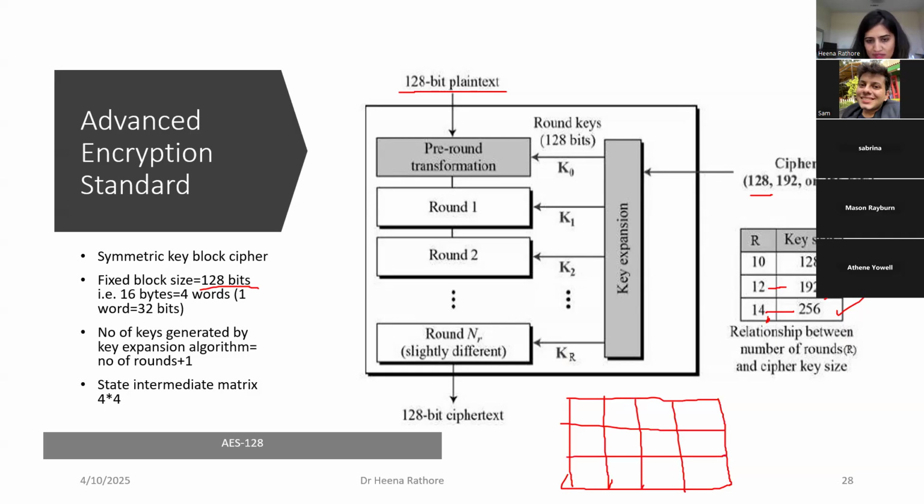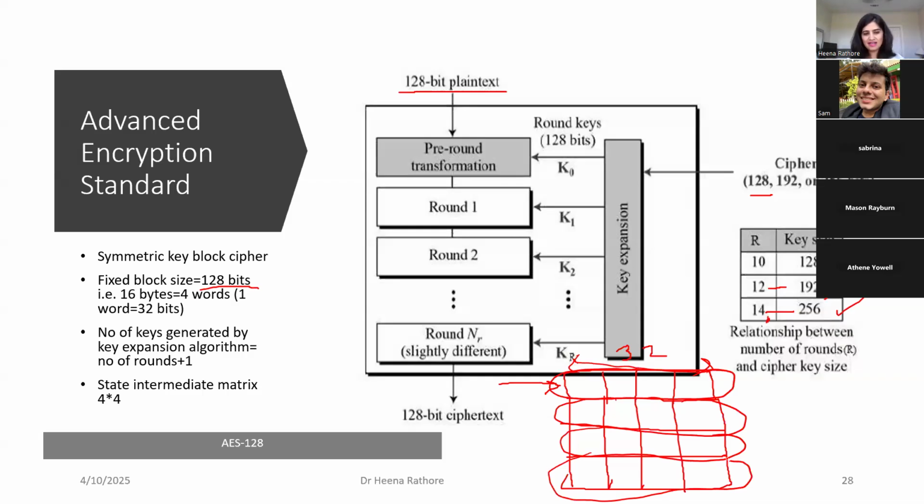So here it would be something like this, where you will have these bits, and each of these rows comprises 32 bits. This is 32 bits, so this is one word. This is another word, this is your third word, and this is your fourth word.